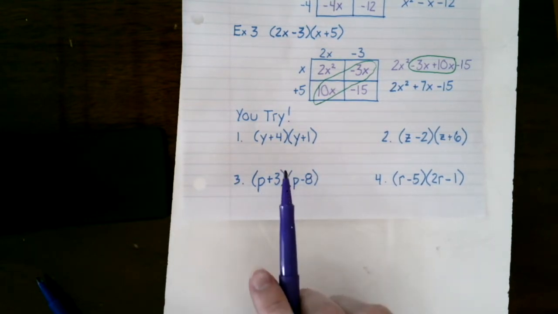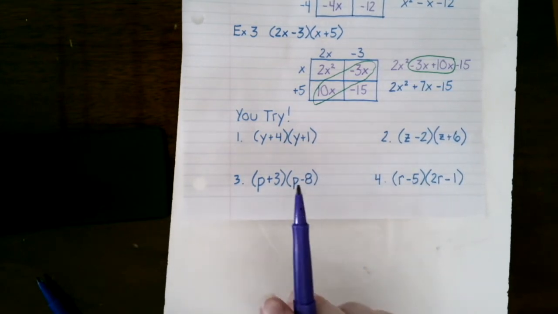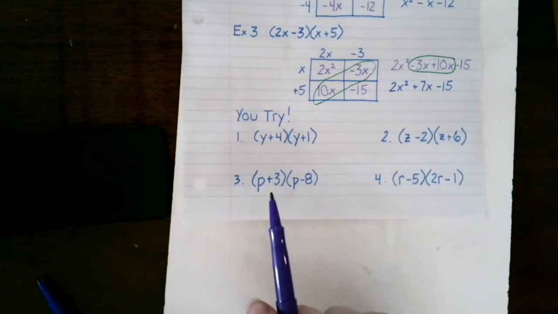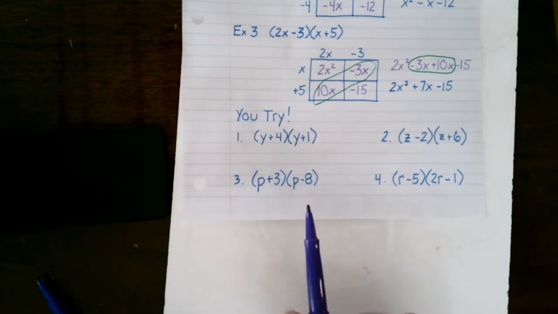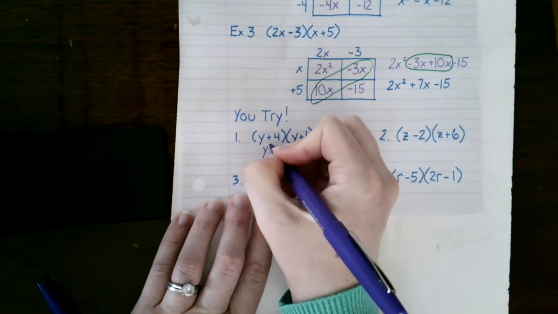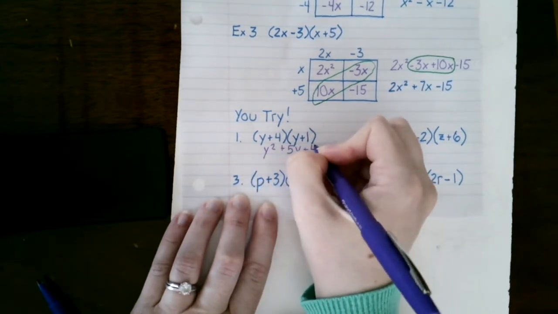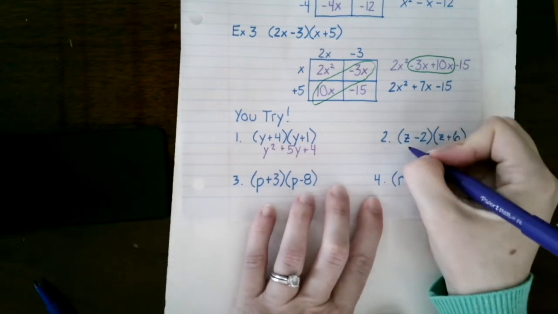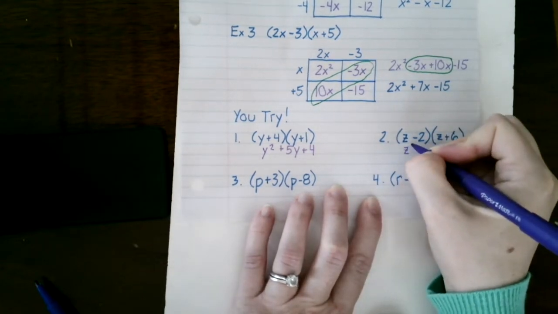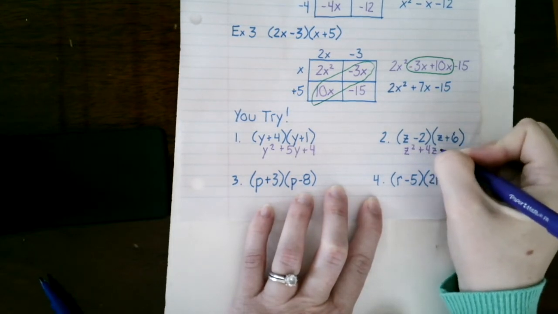And if you're not sure how I got to those answers, you can go back and look at the examples, or you can always pop into my office hours or send me an email with a question. So for our first one, we should get y squared plus 5y plus 4. Our second one is z squared plus 4z minus 12.